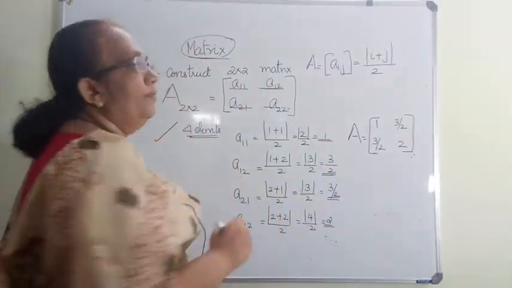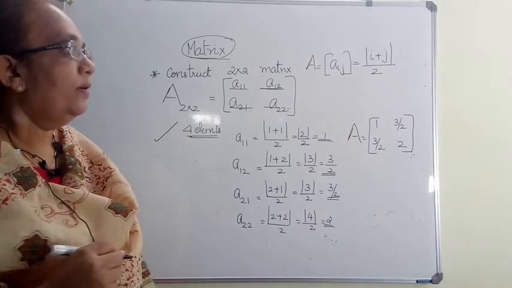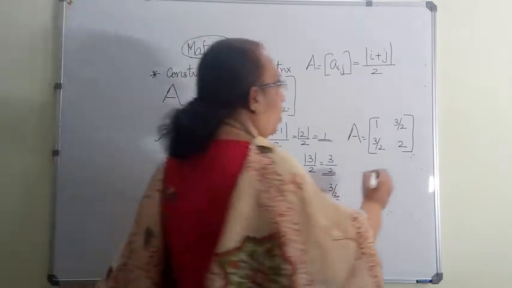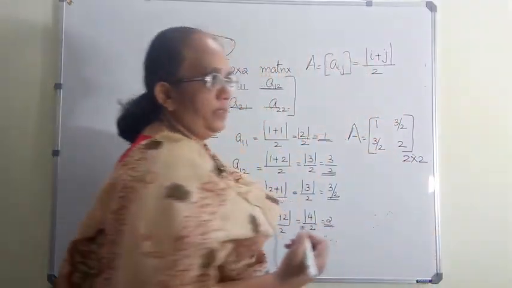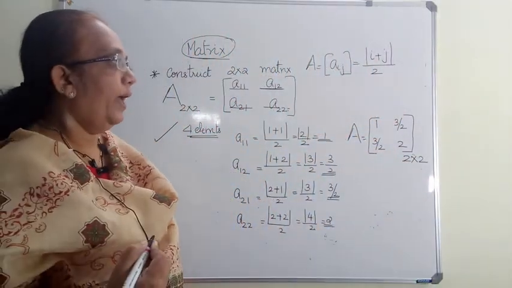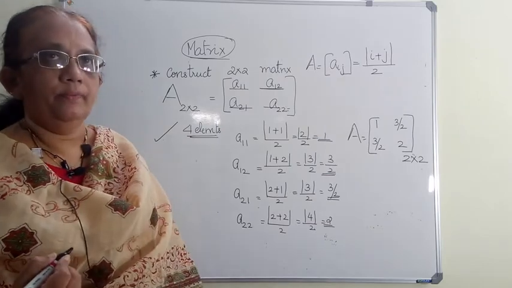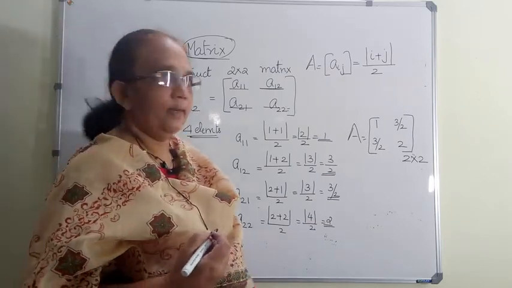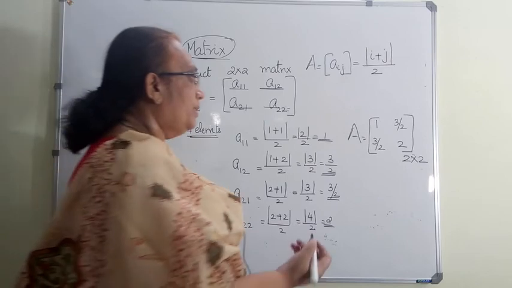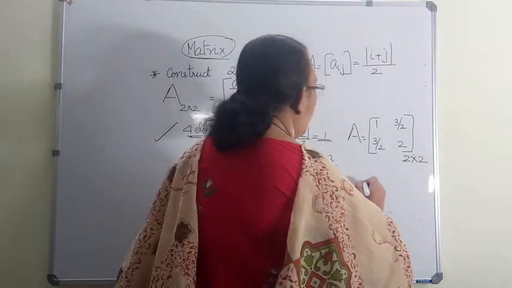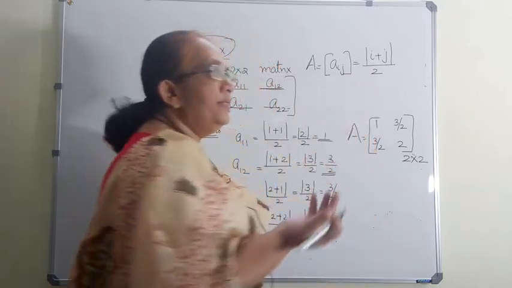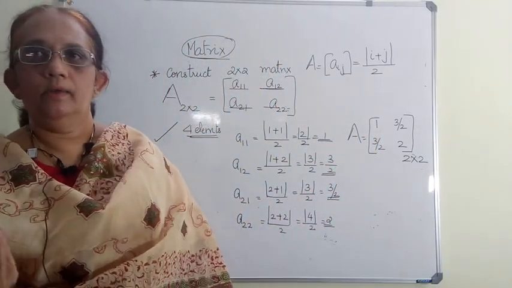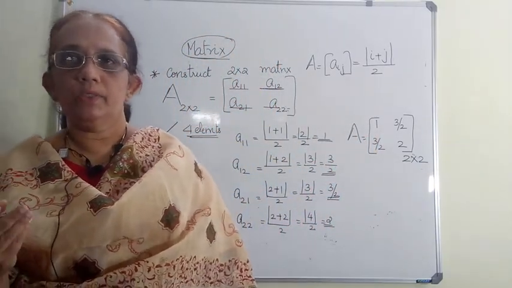In the beginning we said there will be 4 elements. Yes, of course, 4 elements, and the order is 2 by 2. So 2 rows and 2 columns. In this way we can construct any matrix of a given order when the general elements are given. So for today we will stop the class.